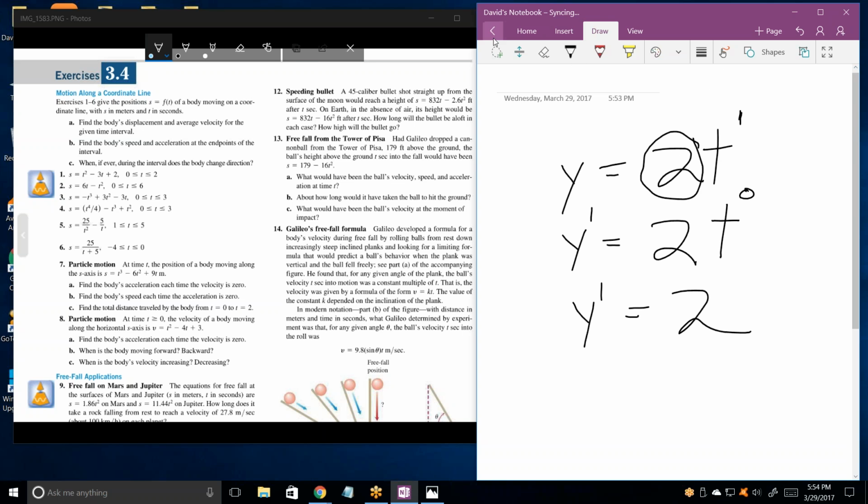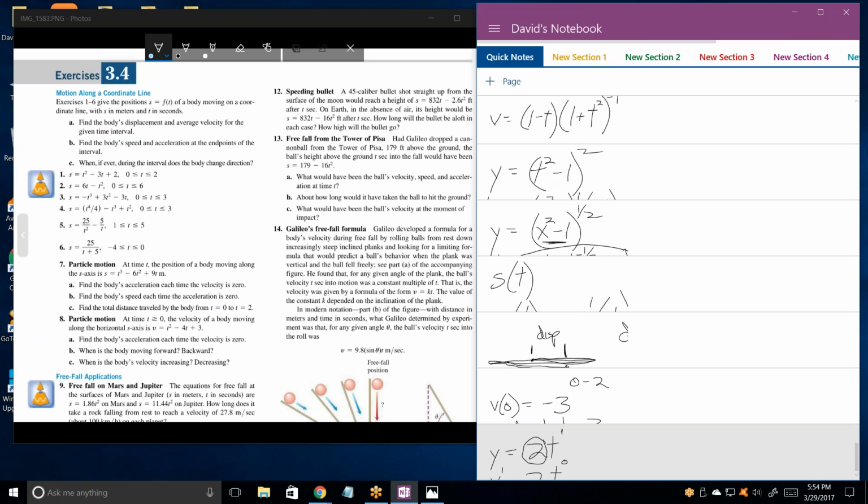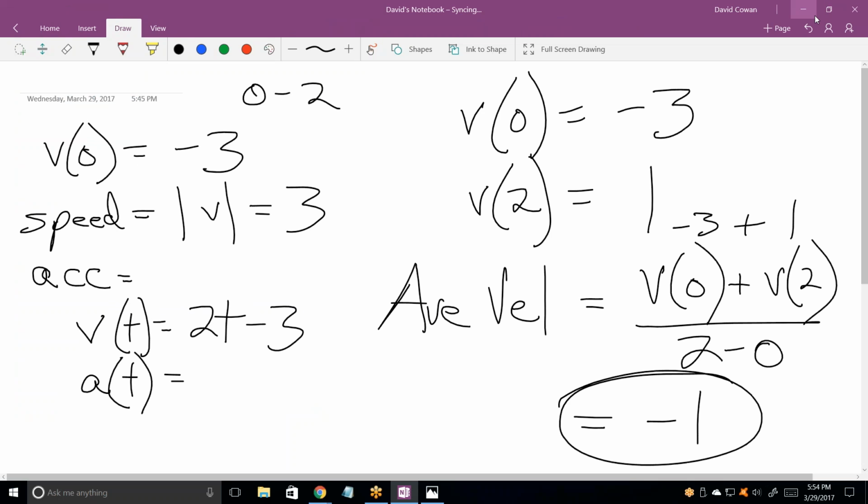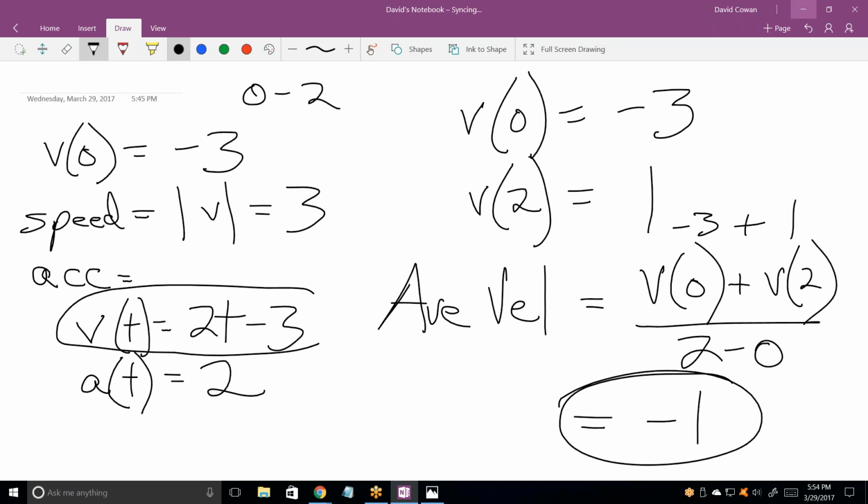So, hold on. I still haven't figured this thing out yet. Ah, that's the page I was wanting. So the acceleration function is just 2. So there's your velocity function, there's your acceleration function, and they want the velocity at the beginning.